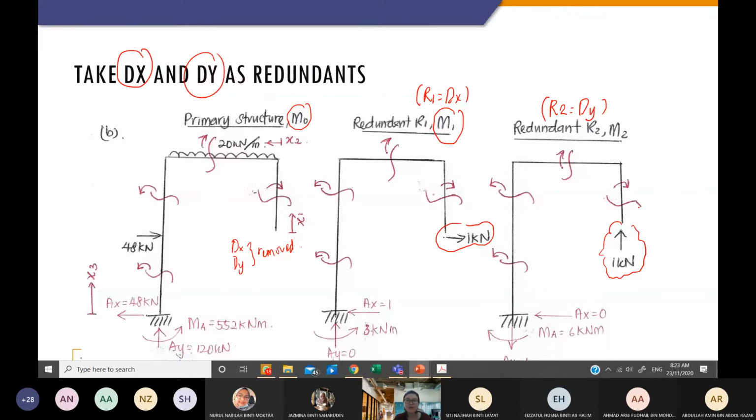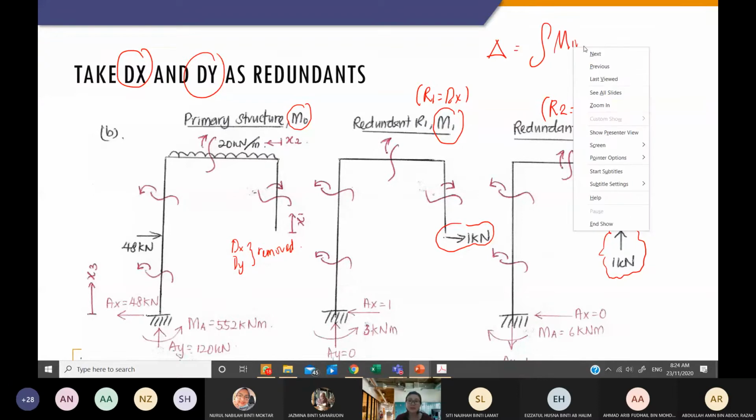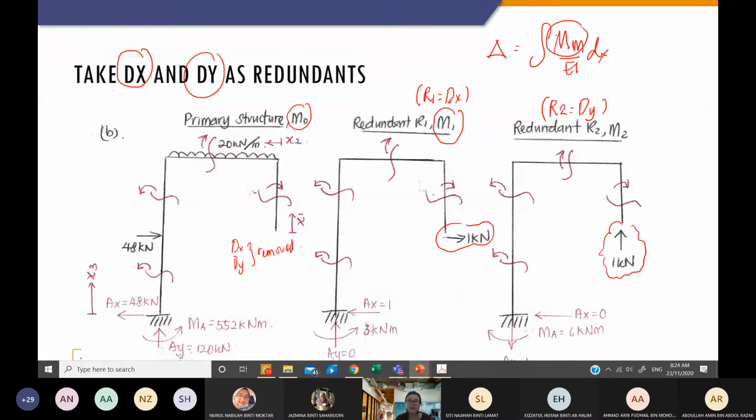And you can then solve for these to get the bending equations, because we are going to talk about bending in beam, frame, and arch.